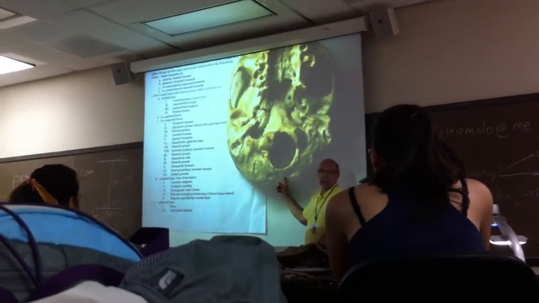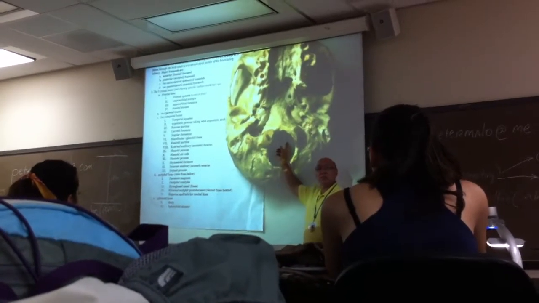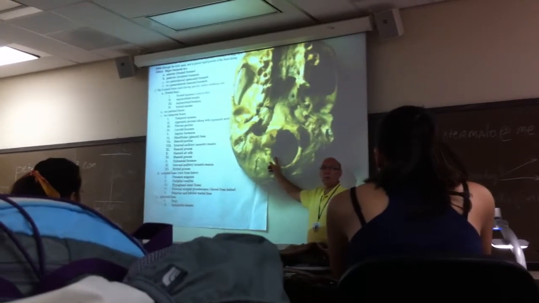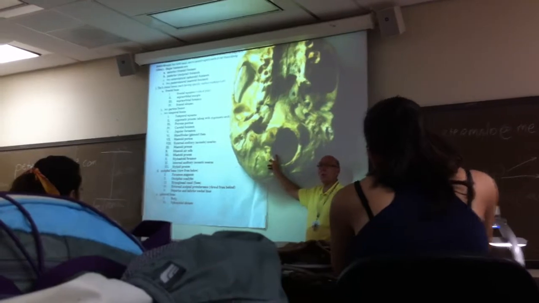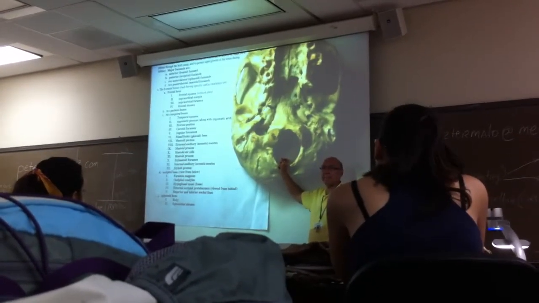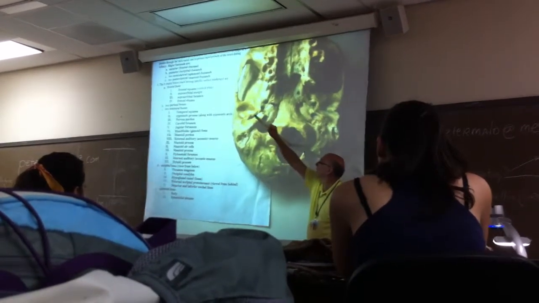We will get to it in the occipital bone, but I'm going to give it to you now. This is what is called the foramen magnum, the great foramen, or the greatest hole. This is the largest foramen in the body. What comes through here? The spinal cord.